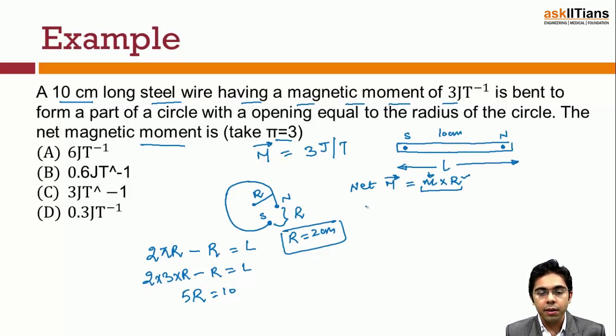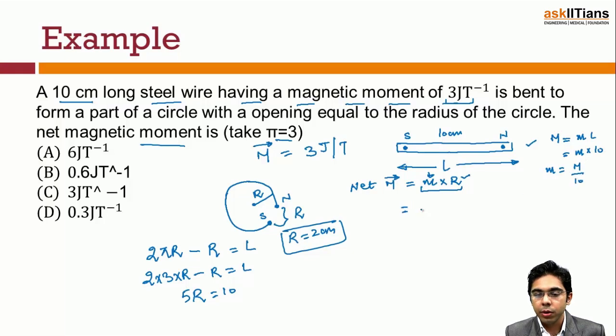So what can we write? We know what is given to us, 3 joule per Tesla. We know the initial magnetic moment when this was a rod, it was M. M equals pole strength into the length. It is the product of the pole strength into the distance between the two poles. So this comes out to be pole strength m into 10. So m, we can write this as capital M by 10.